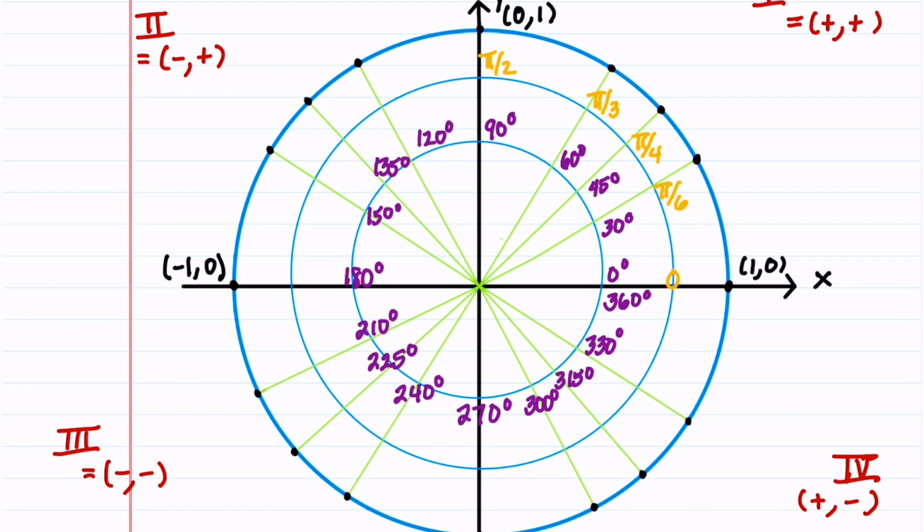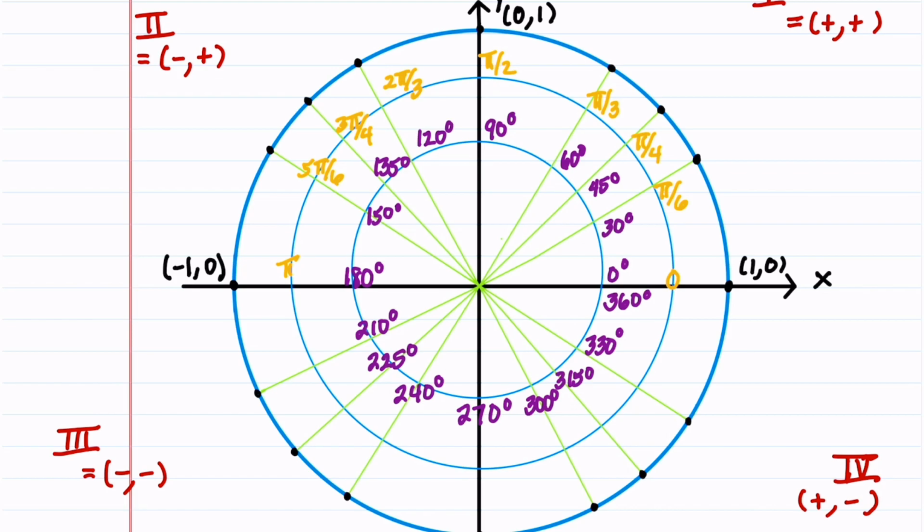Now we're going to start with pi over 2 and add pi over 6, and we get 2 pi over 3. Pi over 2 plus pi over 4 is 3 pi over 4. Pi over 2 plus pi over 3 is 5 pi over 6, and then we end up down here at pi.